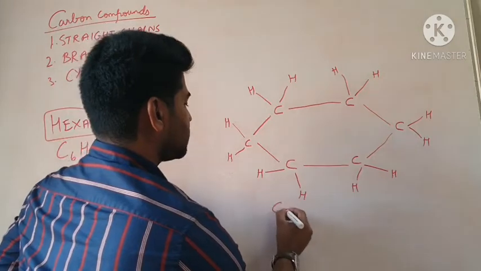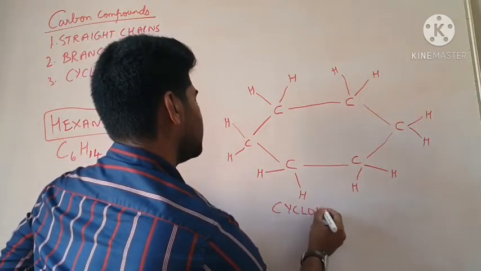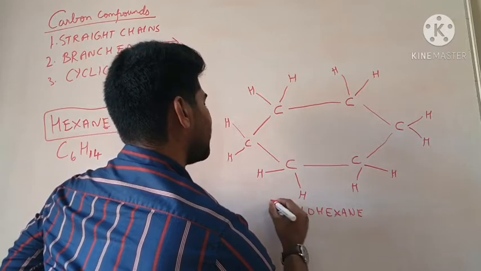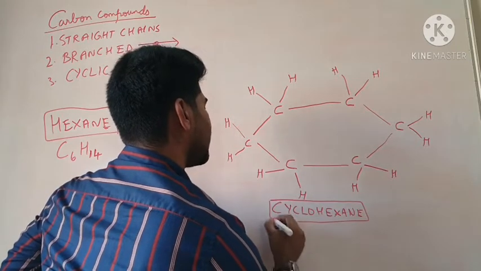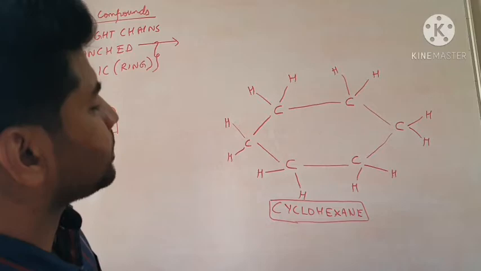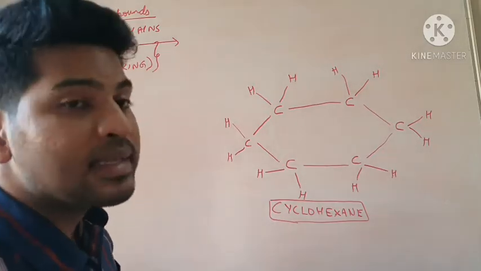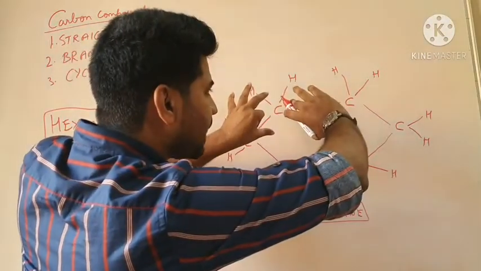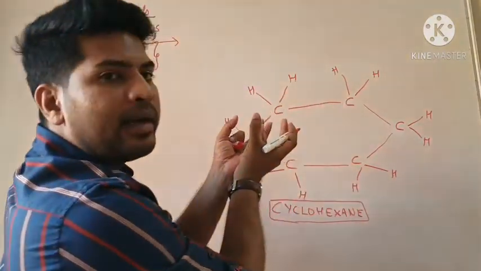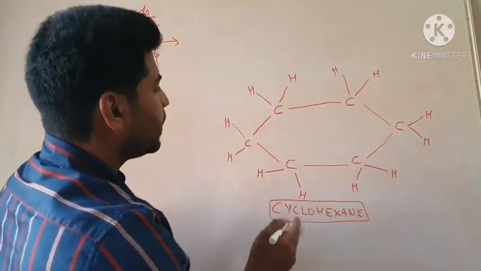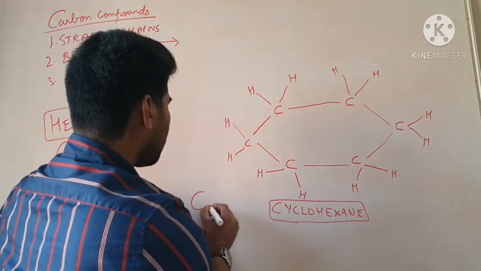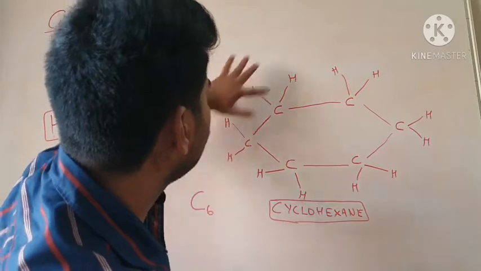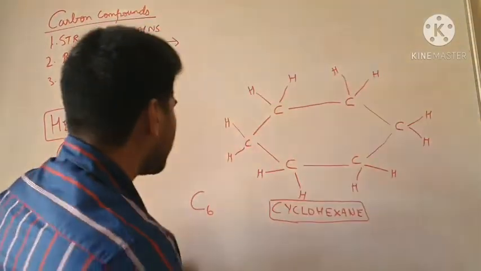This structure is called cyclohexane because 6 carbon atoms are present in a cyclical manner. What would be the formula of cyclohexane? When the straight chain is converted into a ring-like structure, you would see that the formula of cyclohexane would be 2, 4, 6, 8, 10, 12.